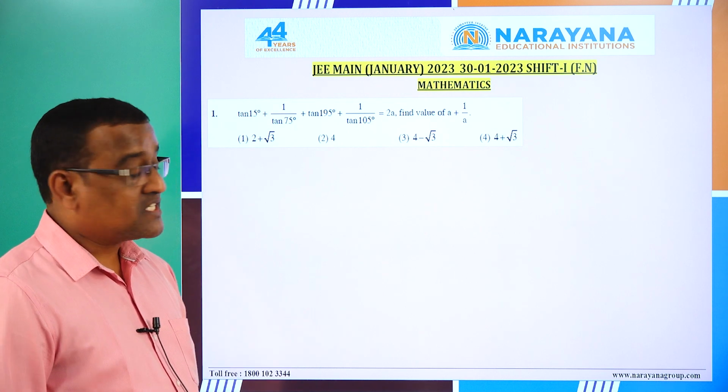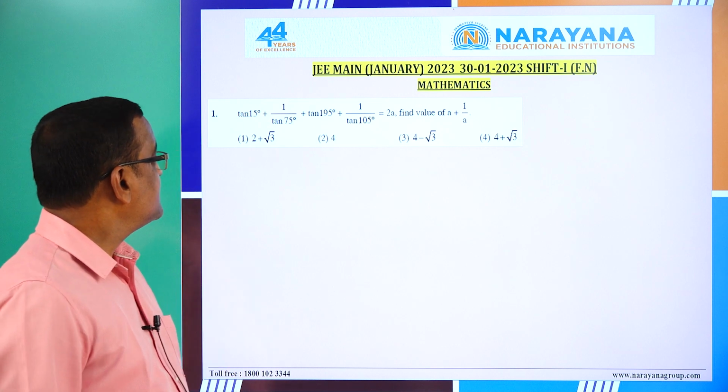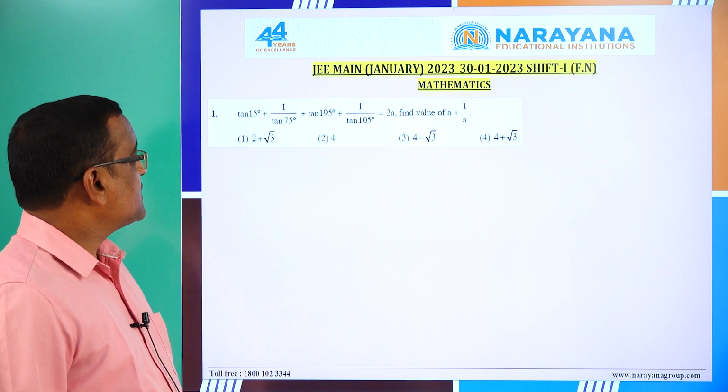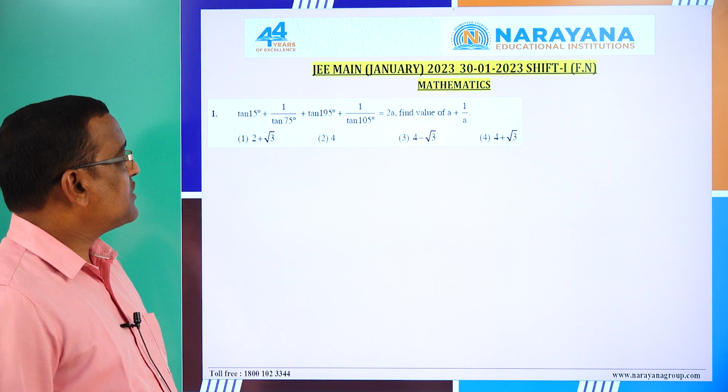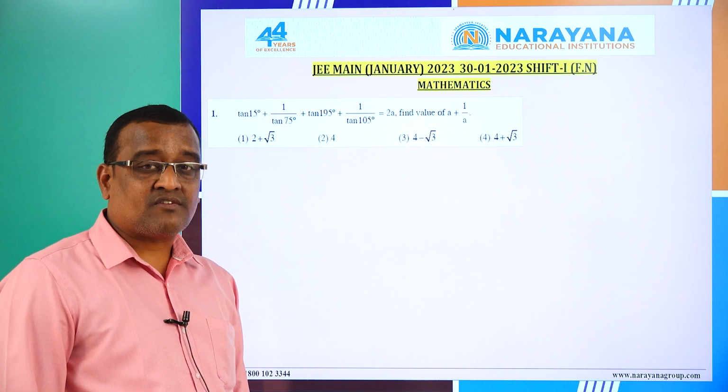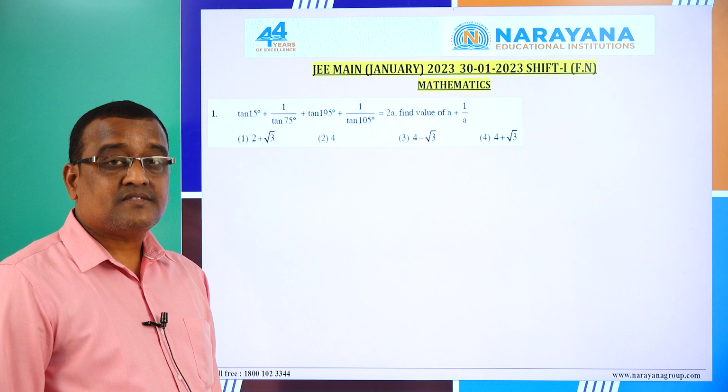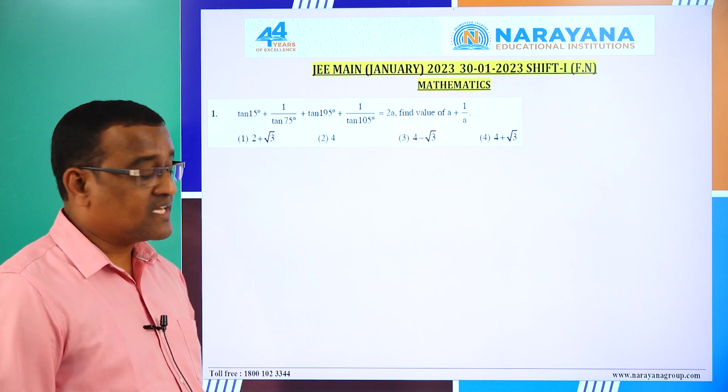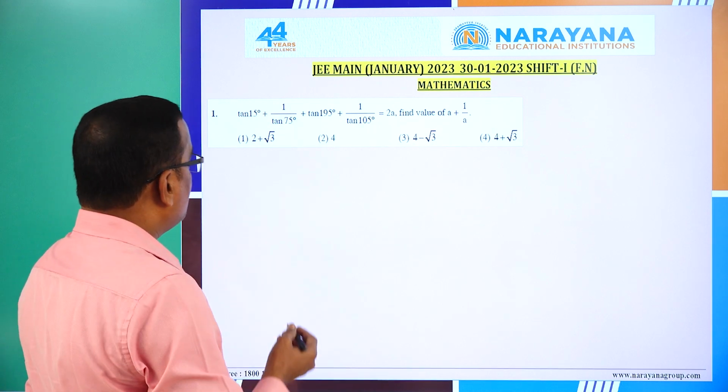Now coming to the first question, given here tan 15 plus 1 by tan 75 plus tan 195 plus 1 by tan 105 is equal to 2a, then the value of a plus 1 by a. So first you have to simplify this.